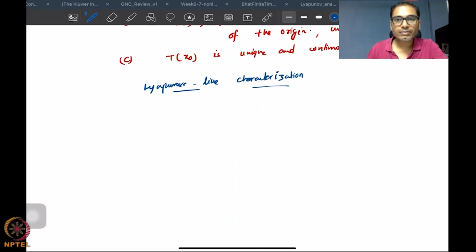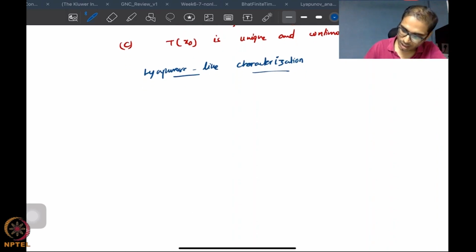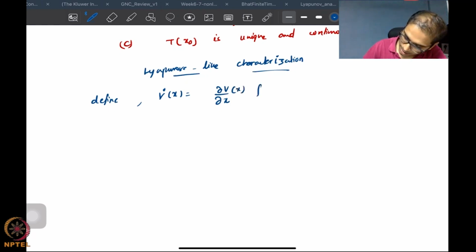I'm just going to directly jump into the simpler case, where we already know the notion of V, the Lyapunov function itself. So we define as before V dot of x as del V del x times f of x for V in C1.